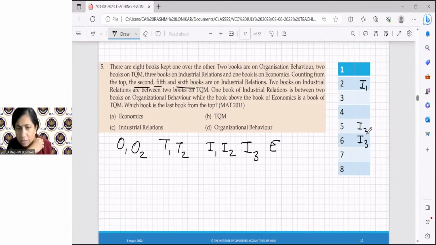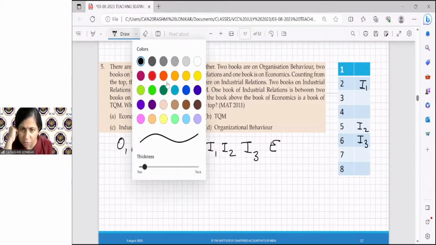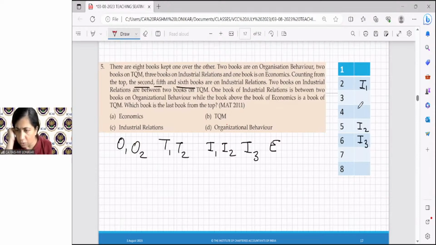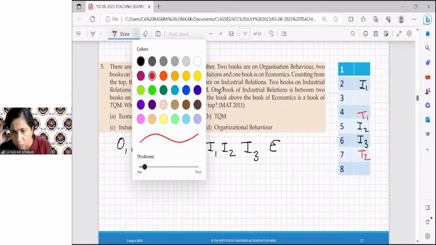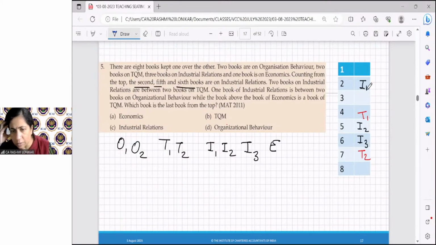These 2 books on industrial relations are between 2 books of TQM, T1 and T2. 1 book of industrial relations, the single book of industrial relations, is between 2 books of organizational behavior. Okay, so O1, O2.